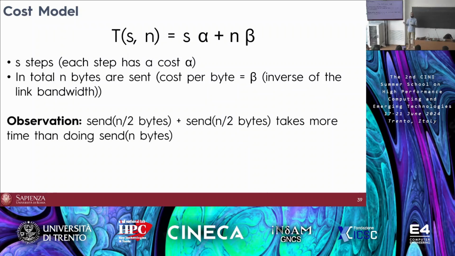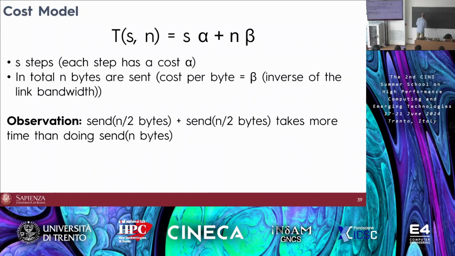The first observation is that sending n divided by 2 bytes and then n divided by 2 bytes again is different from sending n bytes all at once. Why? Let me use the blackboard.